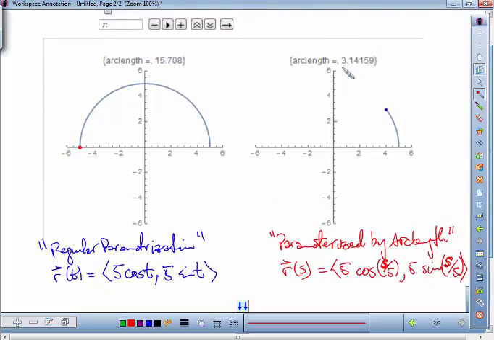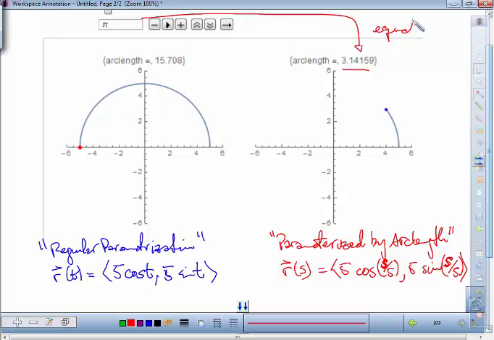So the arc length that's measured over here is equal to the parameter. And if we look at the parameter as being s, then that's what we'll call the parameter. So it's equal to whatever the parameter is.